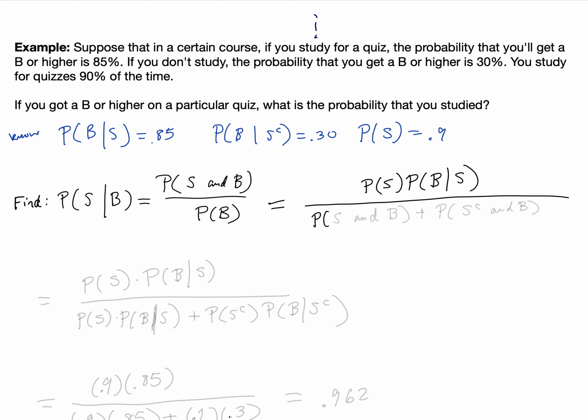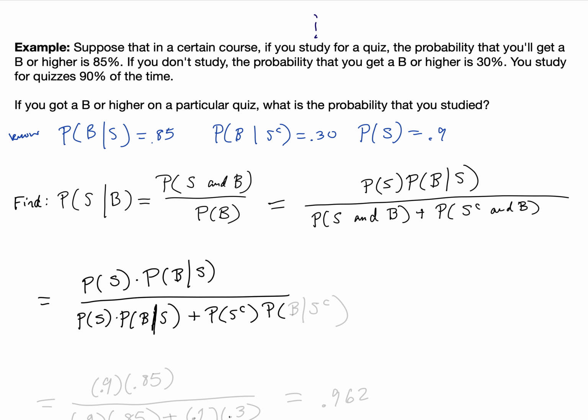So this is the probability of S and B, plus the probability of S complement and B. That would be equal to the probability that we studied times the probability that we got a B given that we studied, divided by the probability that we studied times the probability that we got a B given that we had studied, plus, again using the multiplication rule, the probability that we didn't study times the probability that we got a B despite not having studied.